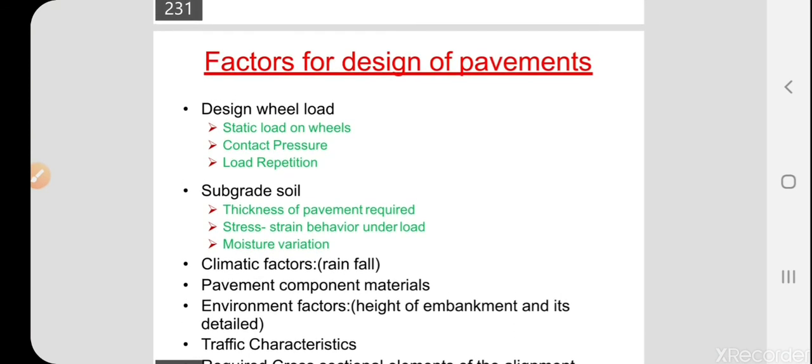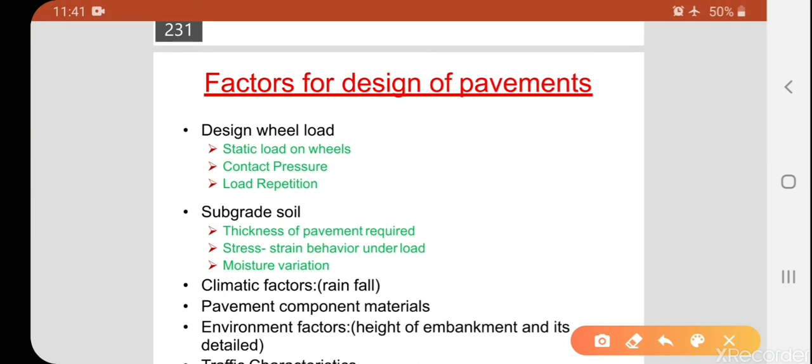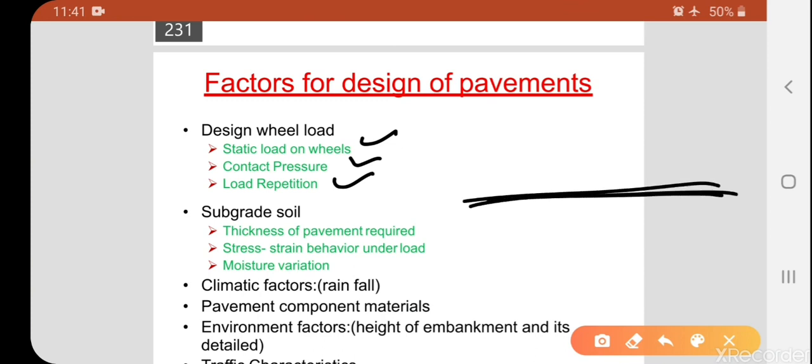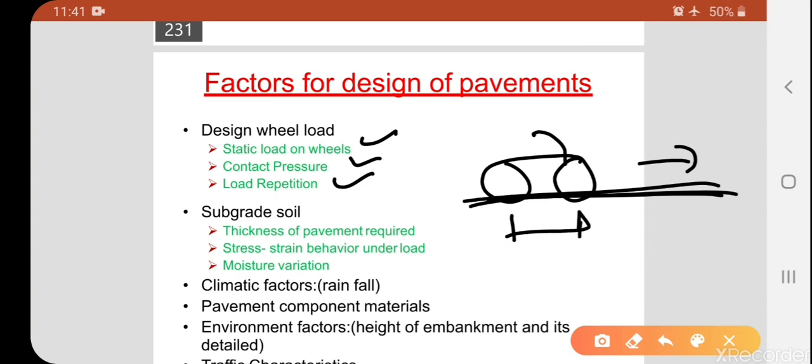First one, design of wheel load. In design of wheel load, three load cases are there: static load on wheel, contact pressure, and load repetition. Usually in flexible road pavements, the load is fatigue in nature, because assume our vehicle is moving in this direction, there is a distance between the front wheel and the back wheel.